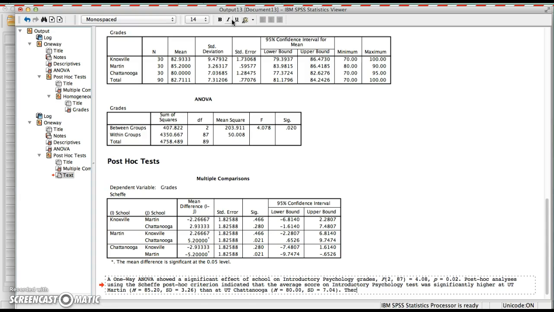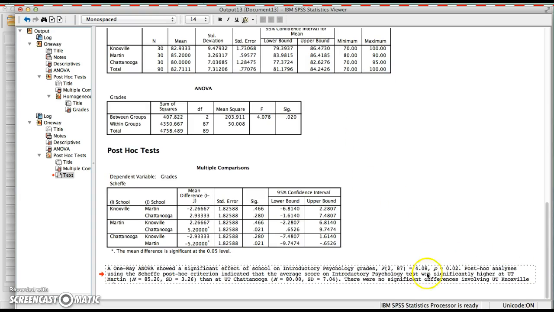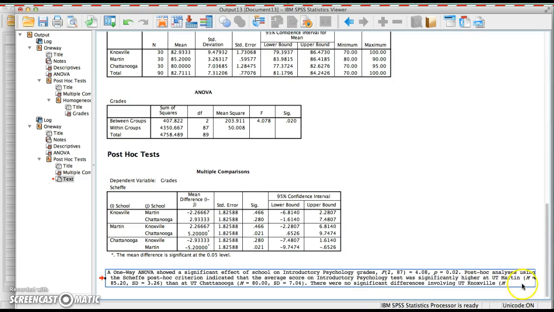So there were no significant differences involving UT Knoxville, mean. Oh, that's what's going on, is our box is not large enough.